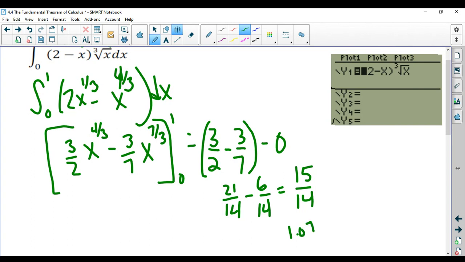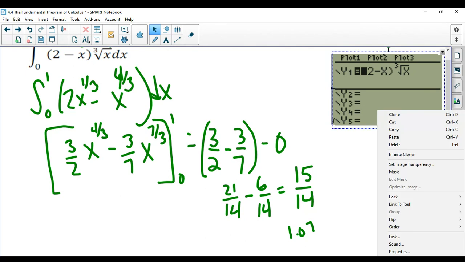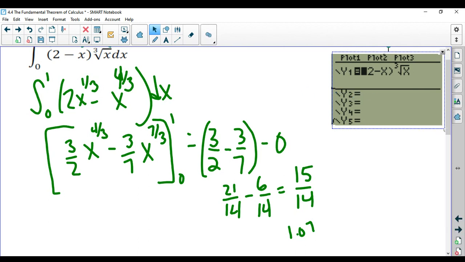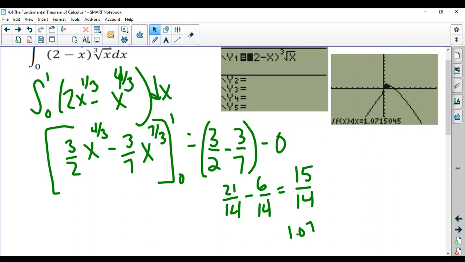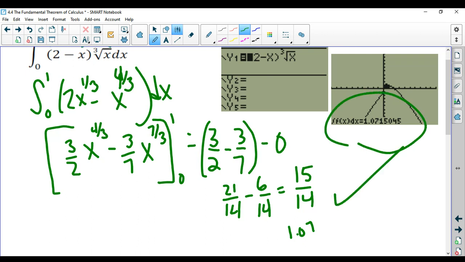So quick check on the calculator. Type in the function to y equals, and then second calc 7 for integral, and then type in 0 to 1, and you get this 1.071. So that checks. We did it right.